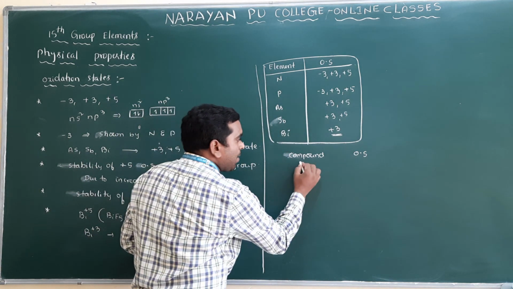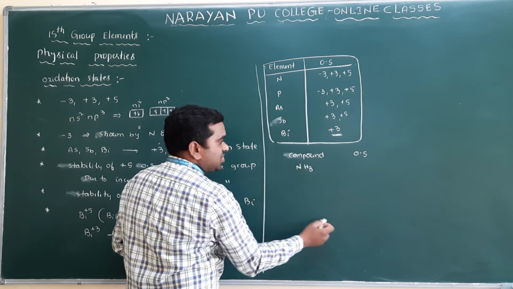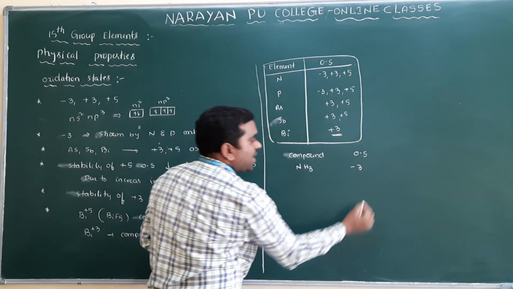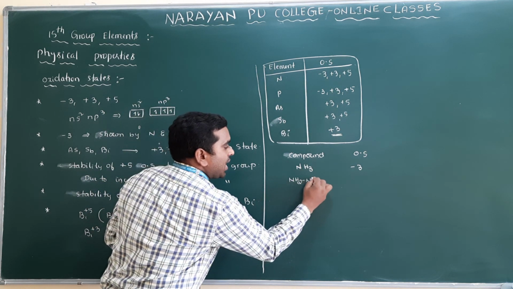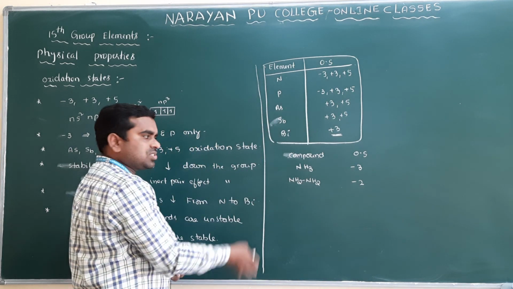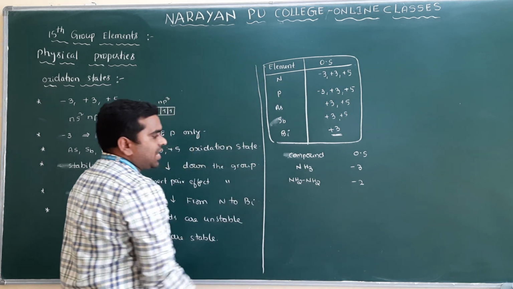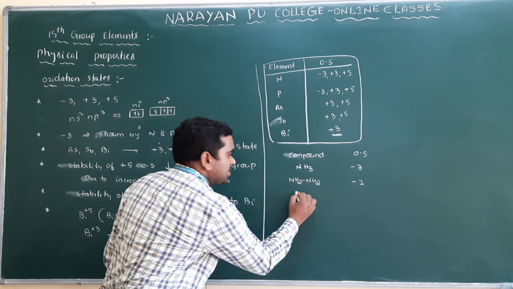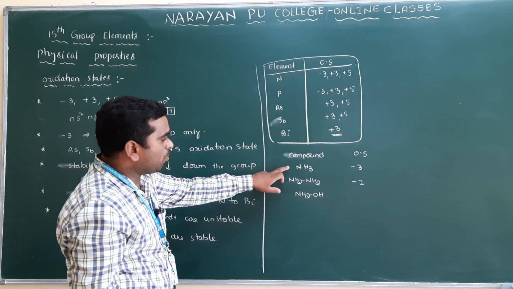If you see the compounds, what are the nitrogen compounds? If I take NH3, what is the oxidation state of nitrogen here? -3. If I take N2H4, what is the oxidation state here? -2. You know how to calculate the oxidation state, I will not write it here. Next one is NH2OH, hydroxylamine.